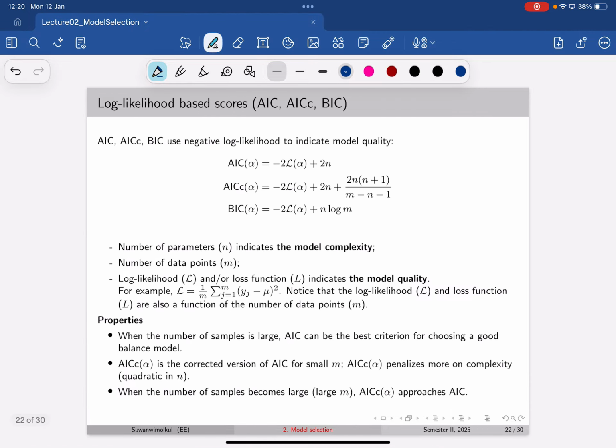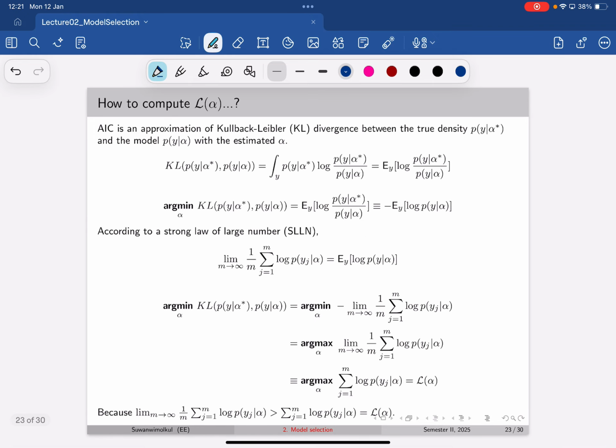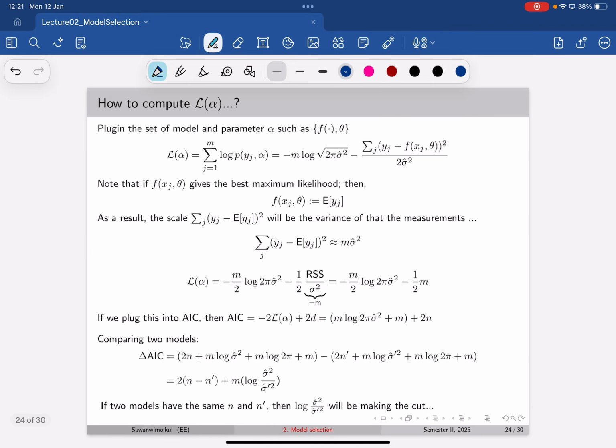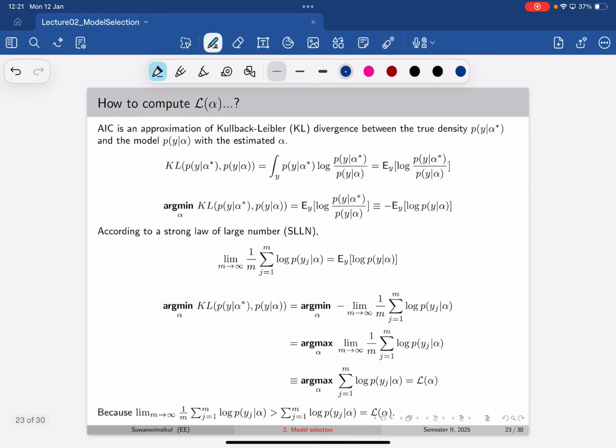For the rest, I encourage you to go back and read the lecture yourself. Don't worry, it's not going to be an exam. It just describes how you would use each of these scores to select a model. Some parts derive how we came from this probability to this loss.